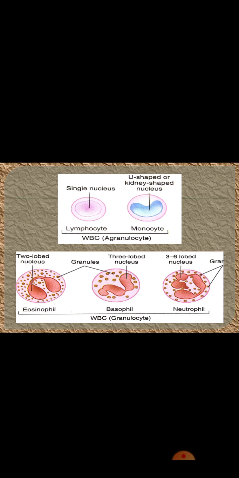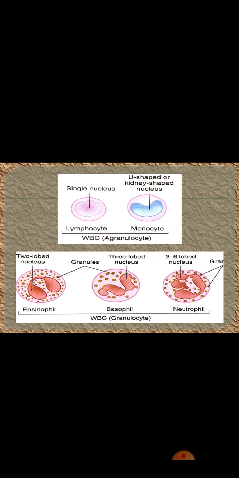They are about 1 to 3% of total WBCs or leukocytes, and the number increases during infection and allergic reaction. Meaning if a person gets some kind of injury or infection, then the number of acidophils increases continuously. Their nucleus is bilobed, as we can also see in the diagram, and the cytoplasmic granules are large and alkaline in nature.